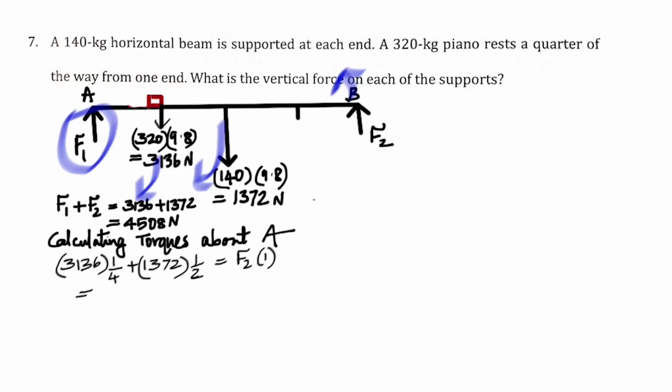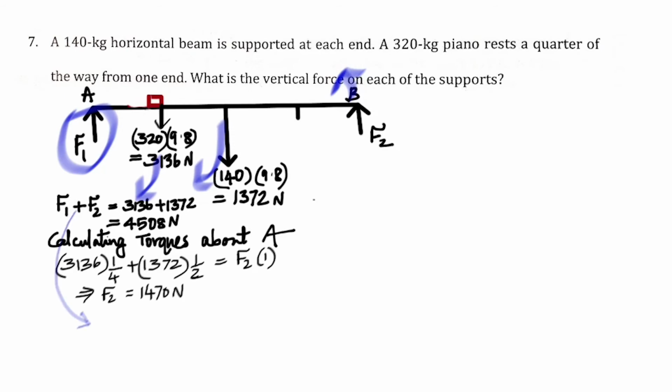And then you put it equal to the counterclockwise torque, which is F2 times 1. So that's 1 full length. That's why this was half and this was a quarter. And then make F2 the subject and calculate. And you would get F2.